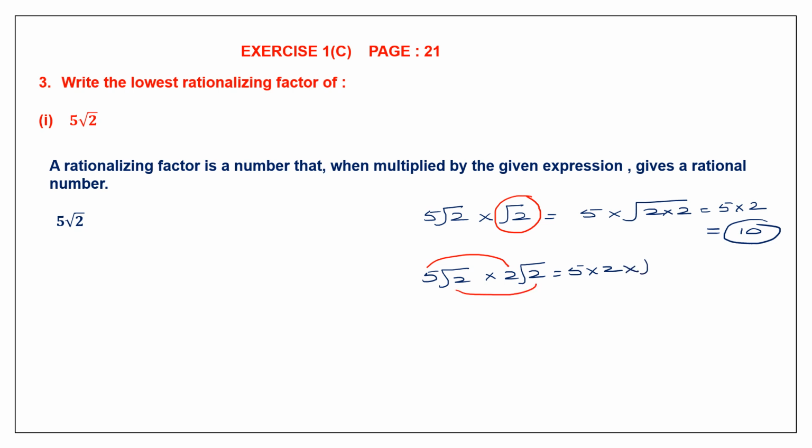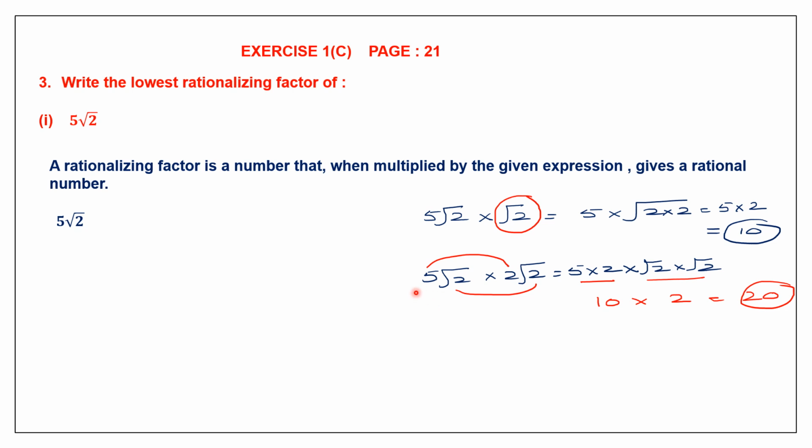Here 5 into 2 I get 10, into root 2 into root 2 is 2. 10 2s are 20. So I have got another rational number. So to find another rationalizing factor of 5 root 2, it can be root 2, it can be 2 root 2. I can have many rationalizing factors for this number.